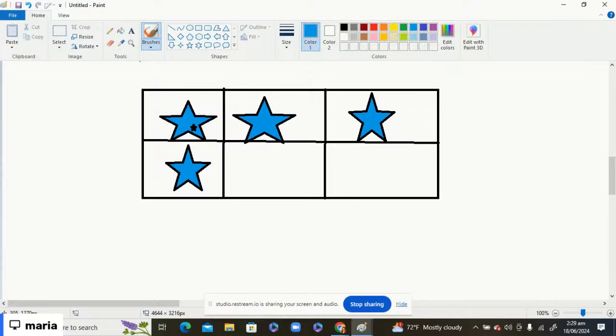So how many total stars are there? It's so easy. One, two, three, and four. Four total stars are there in the frame. Okay. So in this way, you just need to count it. It's not three, it's four.